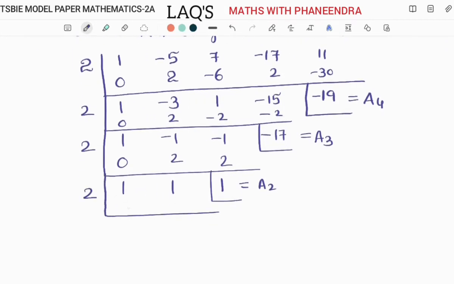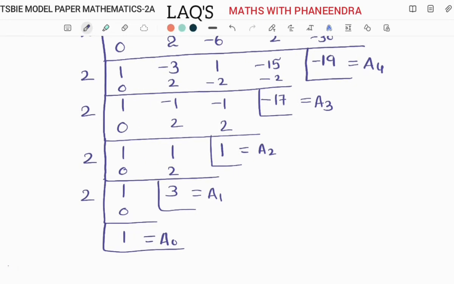Again by doing synthetic division, 1 plus 0 is 1, 1 into 2 is 2, 3, this 3 value is equal to a1. Again for this we can do synthetic division, put 0, 1 plus 0 is 1, 1 into 2, so here not there means last one only it will balance, that is a naught we can write.